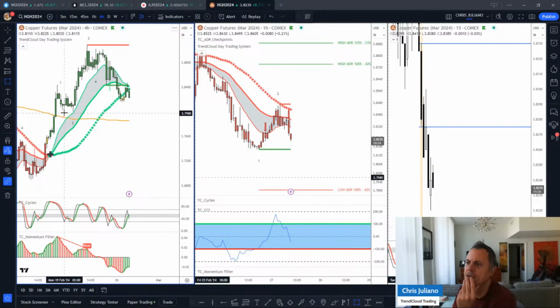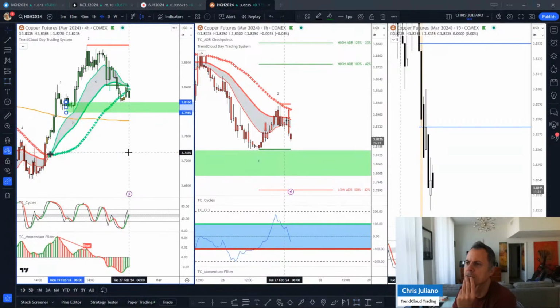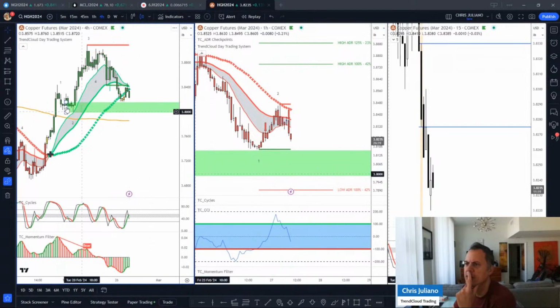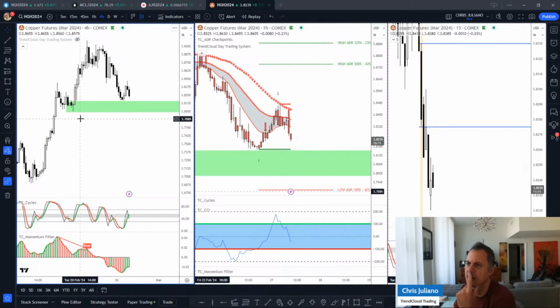Right in here. Low on the curve, high time frame. Pretty clear, right? Drop, base, rally. Makes a nice move.